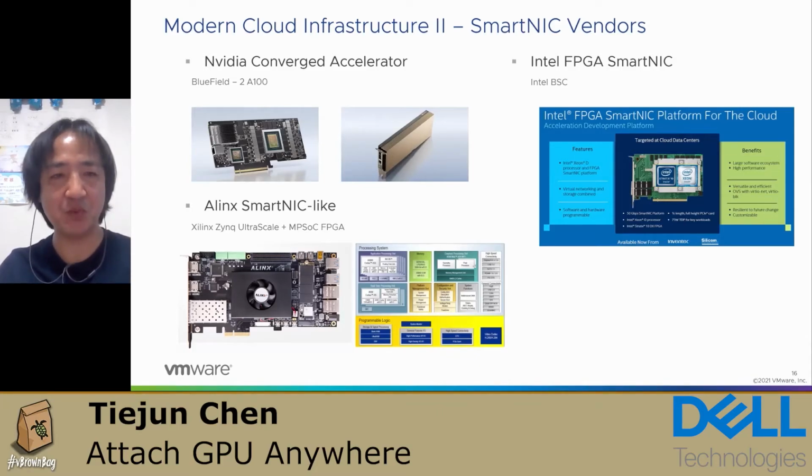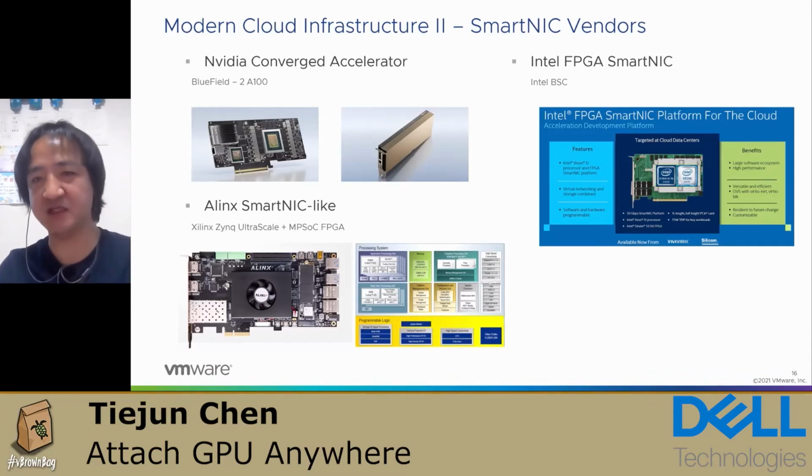This FPGA can be programmed to provide a deep learning processing unit that can help accelerate your machine learning inference. For Intel, Intel had various types of SmartNICs, but typically they just attach their FPGA to the processor. That can be x86, and also can be ARM64. But potentially, the FPGA can be programmed to that machine learning API.